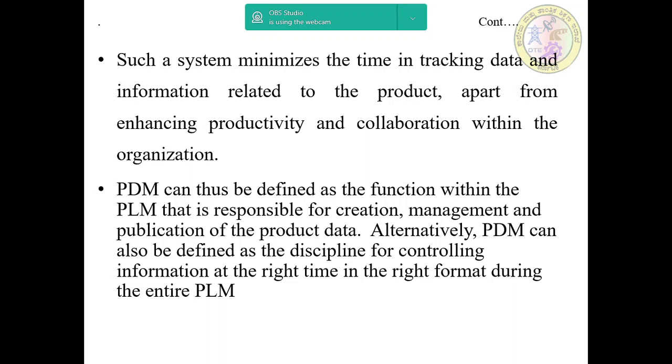The PDM can thus be defined as the function within the PLM that is responsible for creation, management, and publication of the product data. Alternatively, PDM can also be defined as the discipline for controlling information at the right time in the right format during the entire PLM.